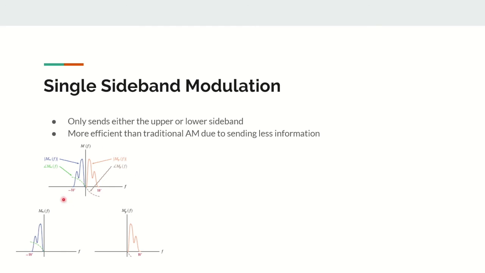As you can see in the image here, this is our original message. However, you don't actually need to transfer both sides of the message since they are symmetrical. Instead of doing that, we're only going to transmit either the upper or the lower sidebands. This does involve reconstructing it on the other end, but we won't go too much into detail.